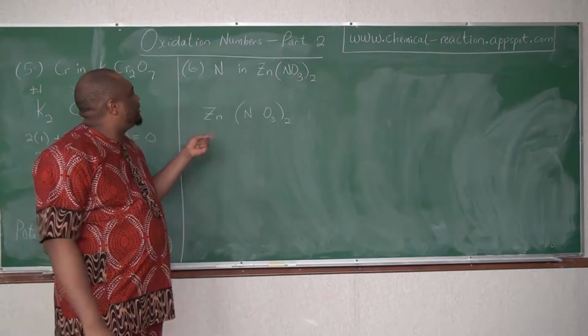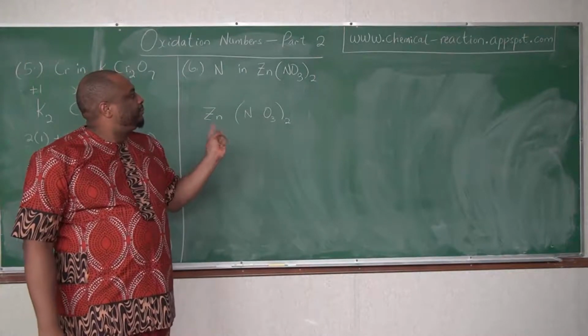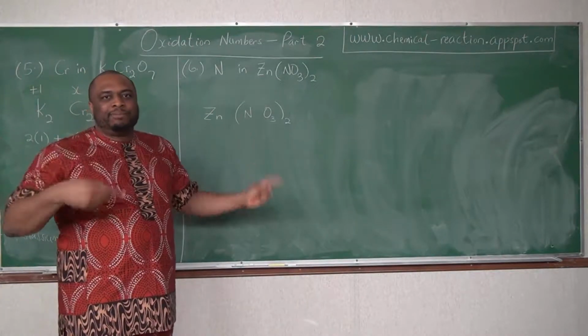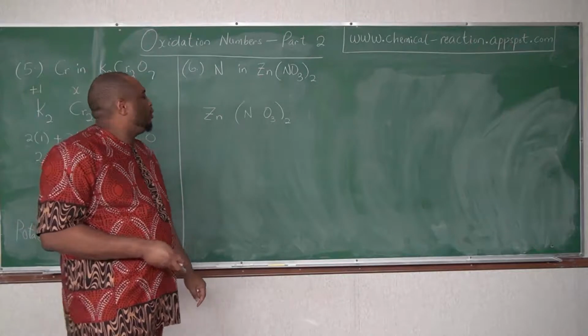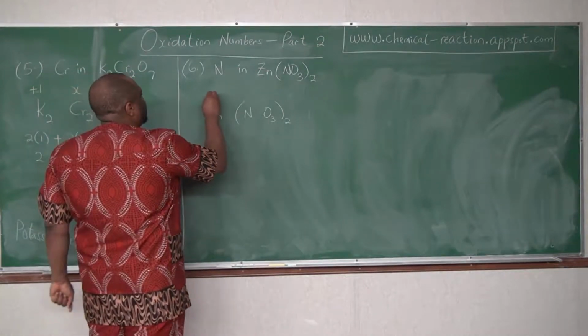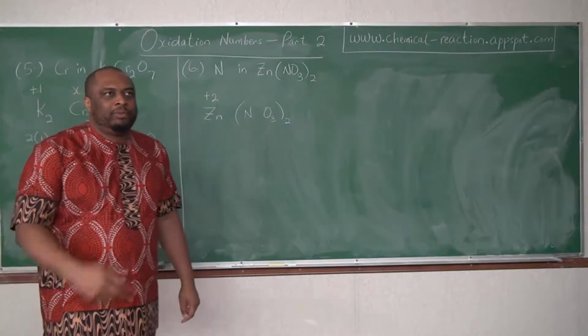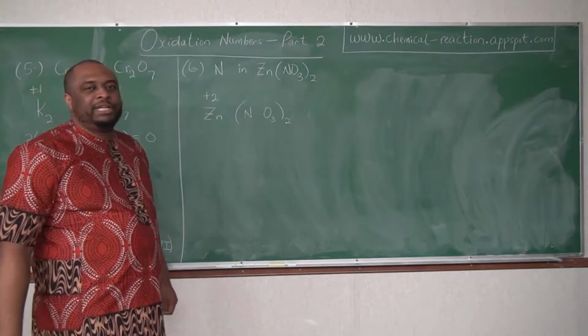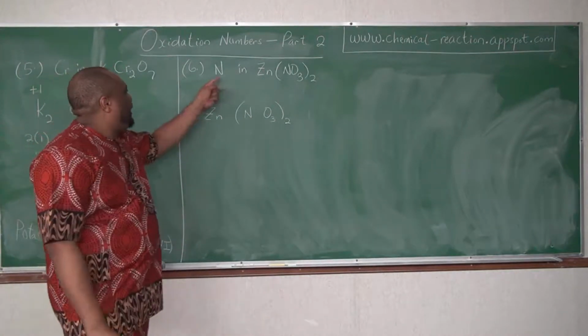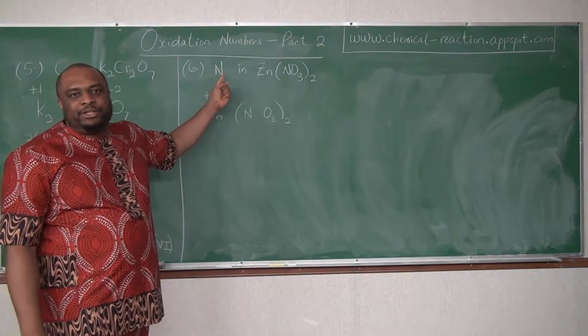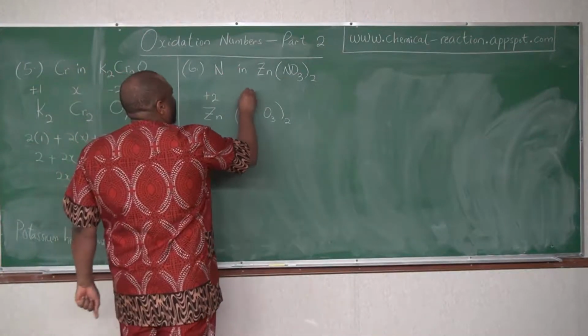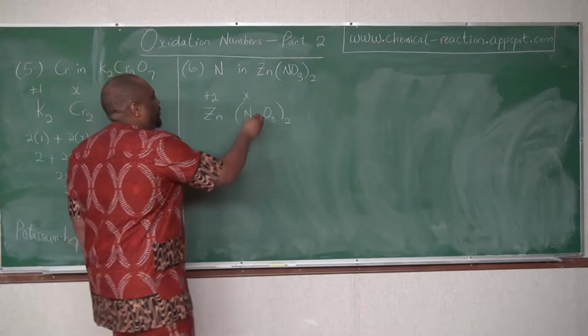I think we have done this problem in part 1 as an example when I was explaining. So zinc is +2. Then let the oxidation number of nitrogen be X. Oxygen is -2.